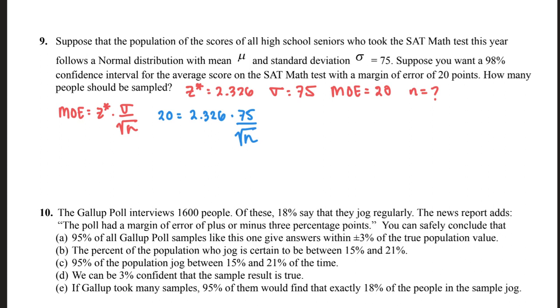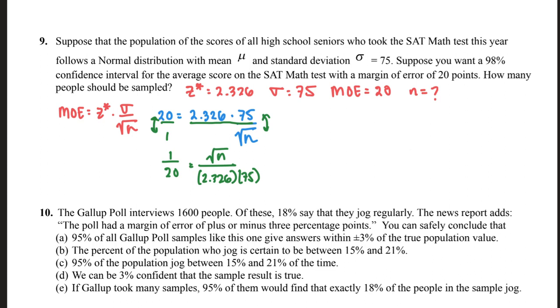All right, so first thing I want to do is I want to make sure that my n is in the numerator. So we're going to take the reciprocal of both sides. So we have 1 over 20 equals the square root of n over 2.326 times 75.